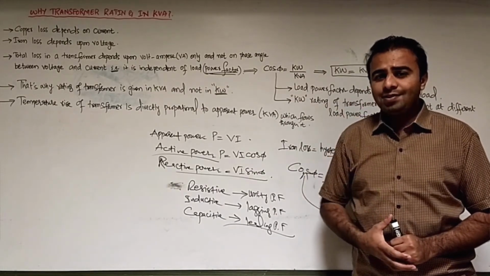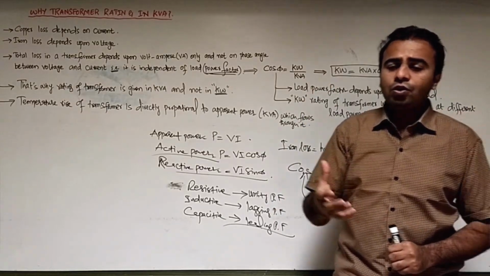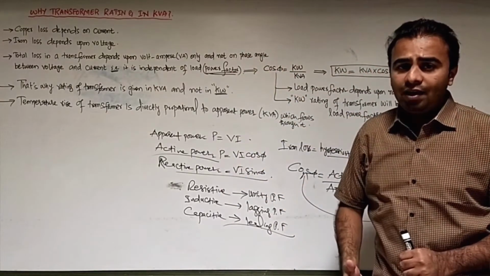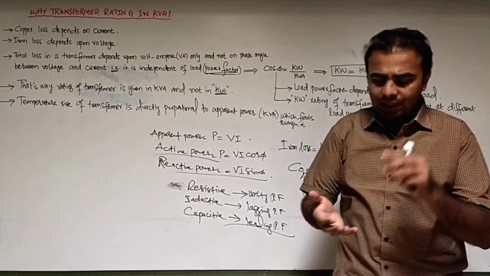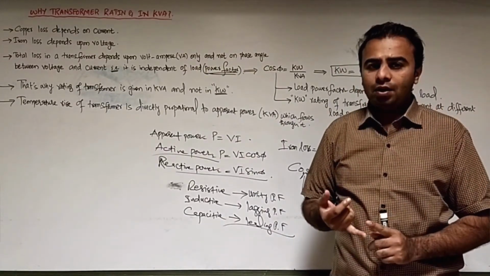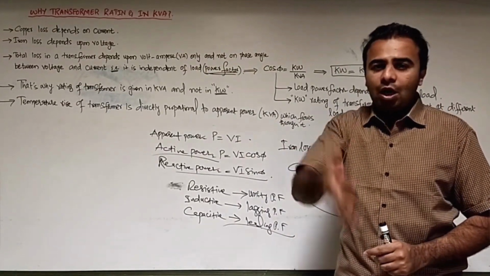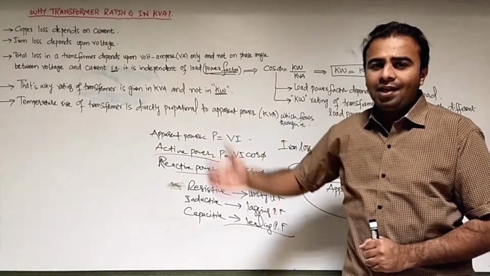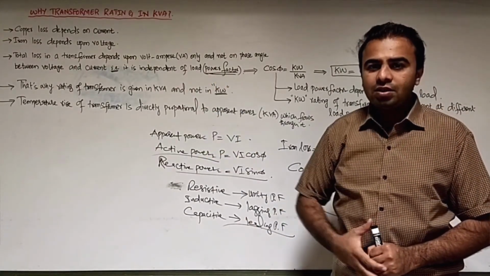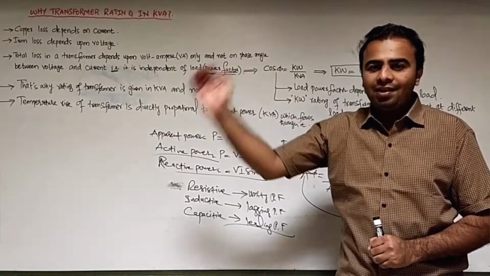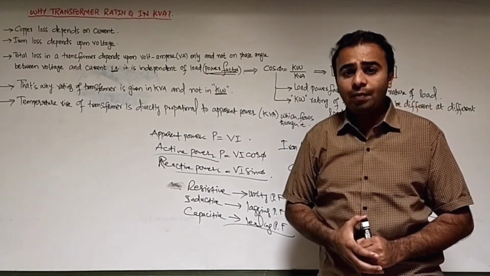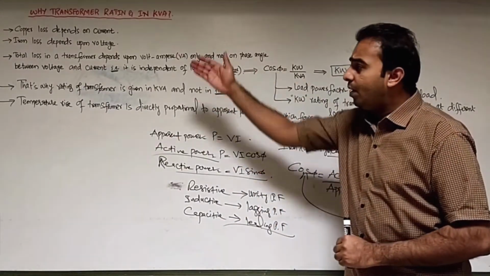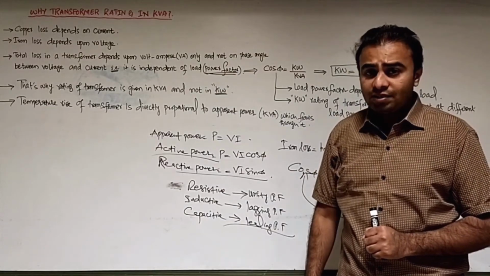Now I'm going to summarize how it is rated in kVA, because we have considered the copper loss and also the iron loss in the transformer. The copper losses are the variable losses and the iron losses are the constant losses, because the frequency and supply voltage given to the transformer are the same, so the iron loss is considered a fixed loss.